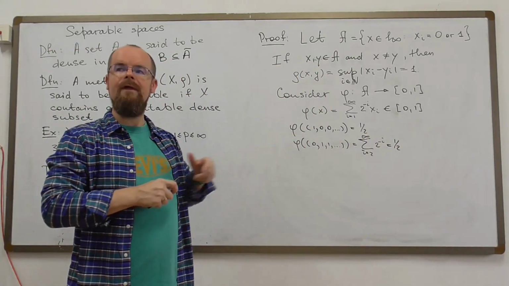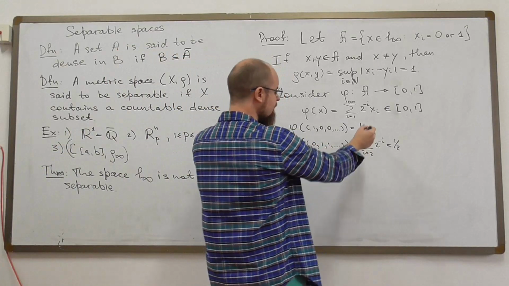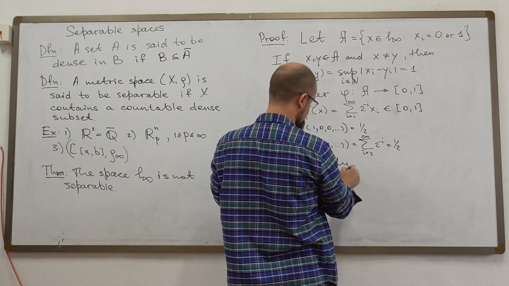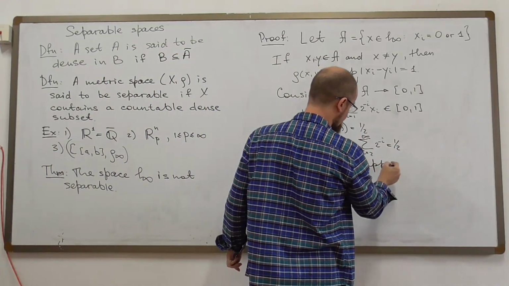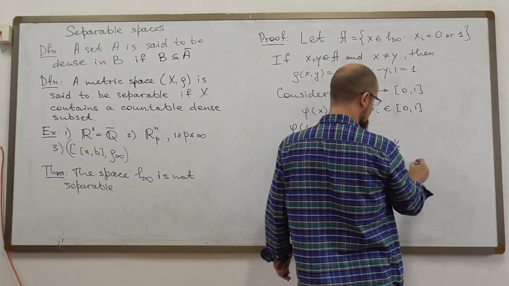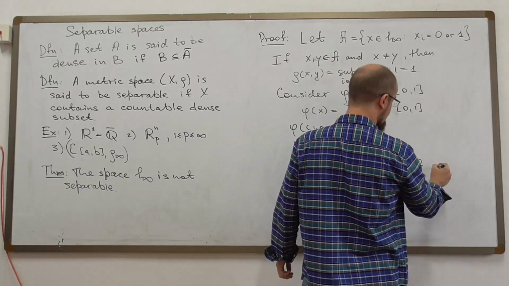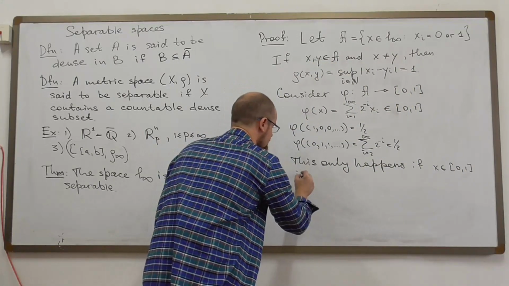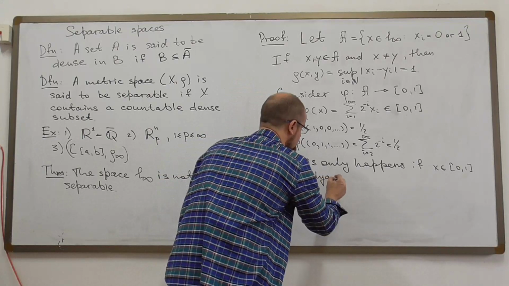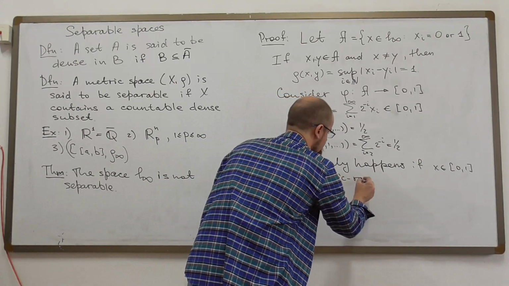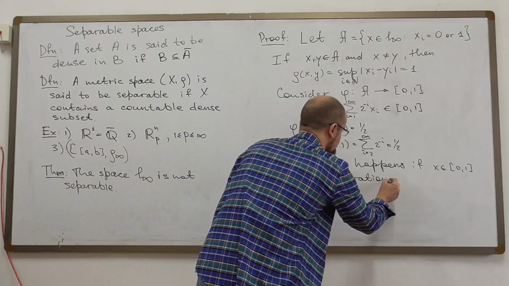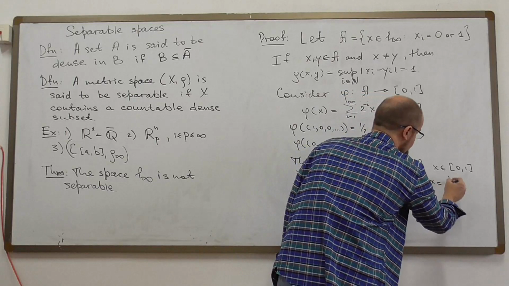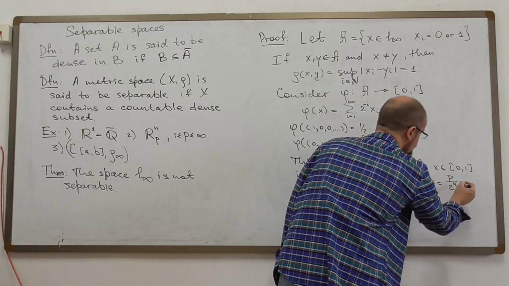But this only happens if this number x from [0, 1] is a dyadic rational, that is of the form p over 2 to the power of q.